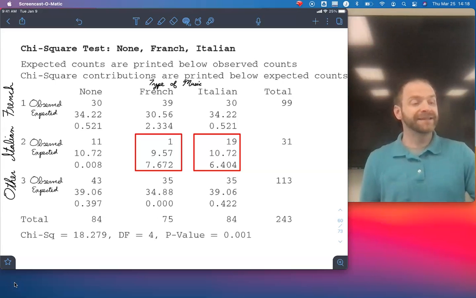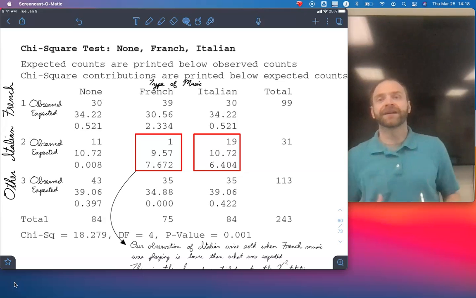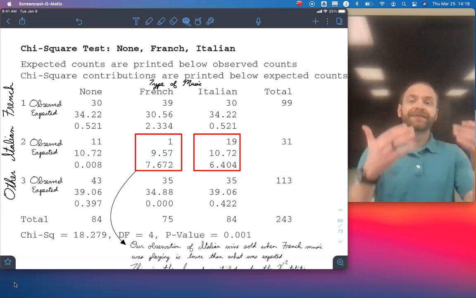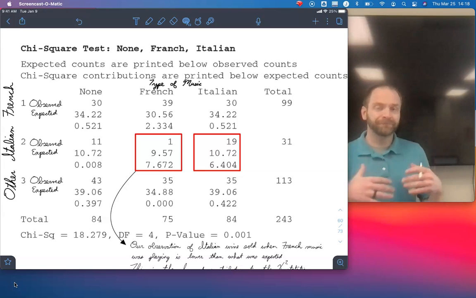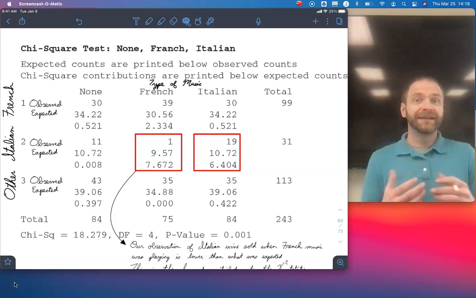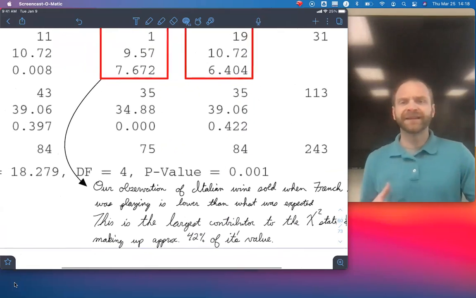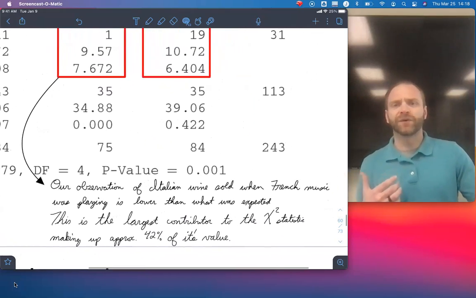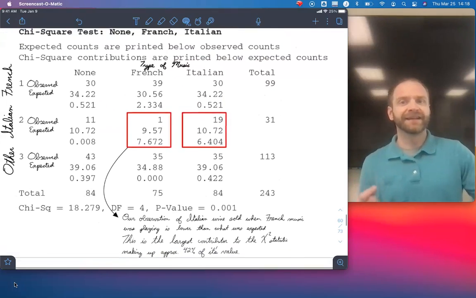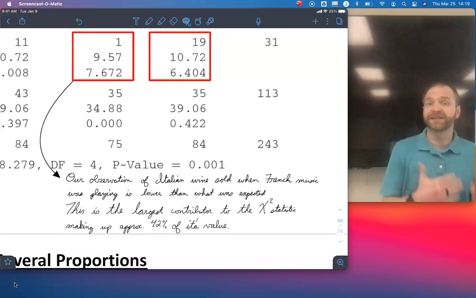Now, 7.672 had the largest impact. And we don't just say it had the largest impact or was the biggest contributor. We could take that 7.672, divide by 18.279, and write it as a percent: it makes up blank percent of the chi-squared statistic. What we can also say is our observation of Italian wine sold when French music was playing, because that's that intersection, French music and Italian wine, is lower than what was expected.